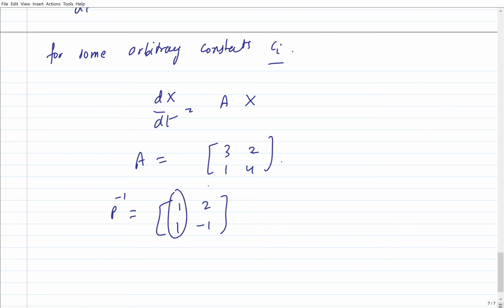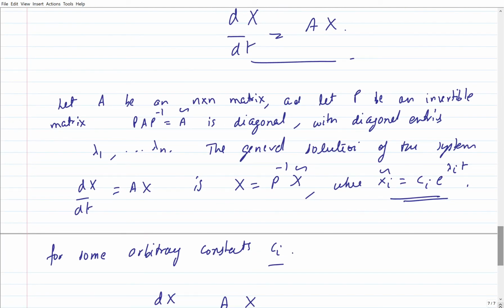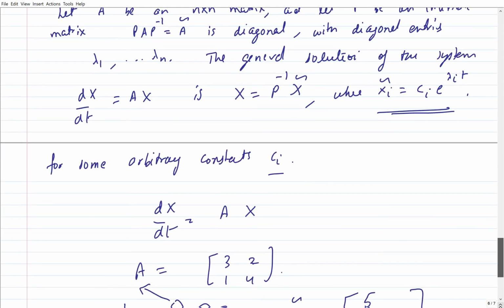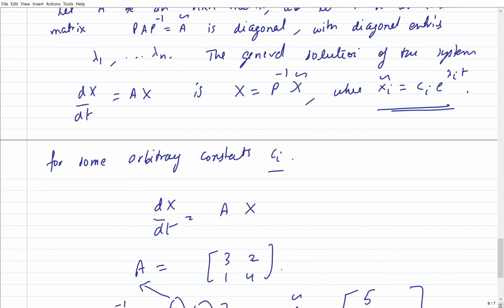These column vectors are the eigenvectors of the matrix A. And in this basis, A tilde is nothing but the eigenvalues that show up on the diagonal. And according to my theorem, I have the solutions of the transformed equation, in a basis where the A tilde matrix is diagonal, given by these. So I just take these solutions.